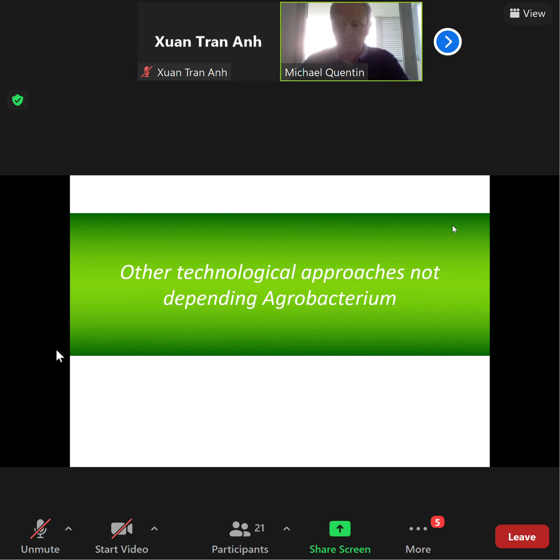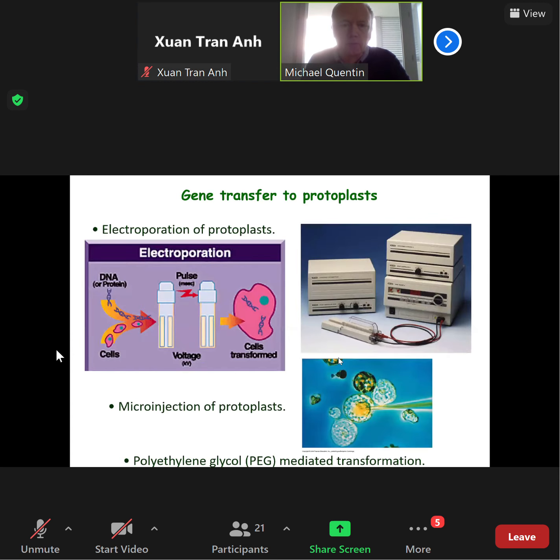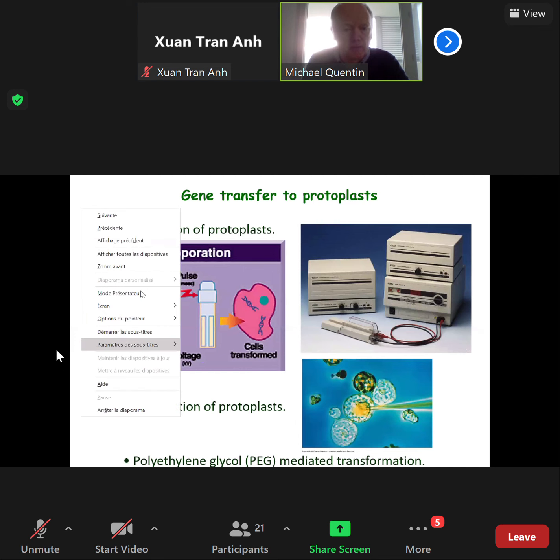Yes. So we may use other approaches to transform the plants that cannot be transformed with agrobacteria. And those approaches are the following. You may use protoplasts.